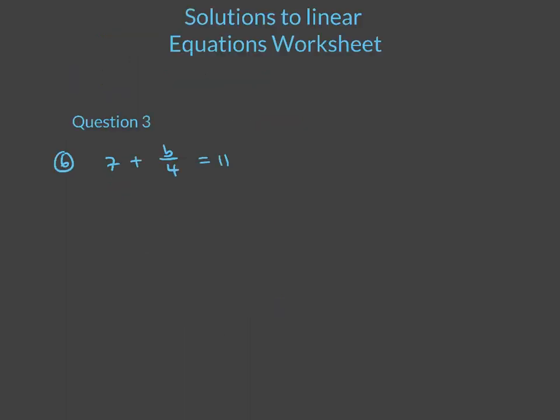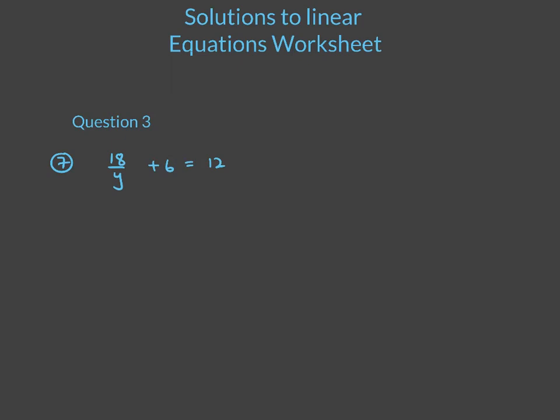Question 6. So we want to get that b over 4, that term alone. What do we do? We subtract 7 on both sides of the equation. So that means b over 4 is equal to 4. Multiply 4 on both sides of the equation. That means b is equal to 16. Question 7.